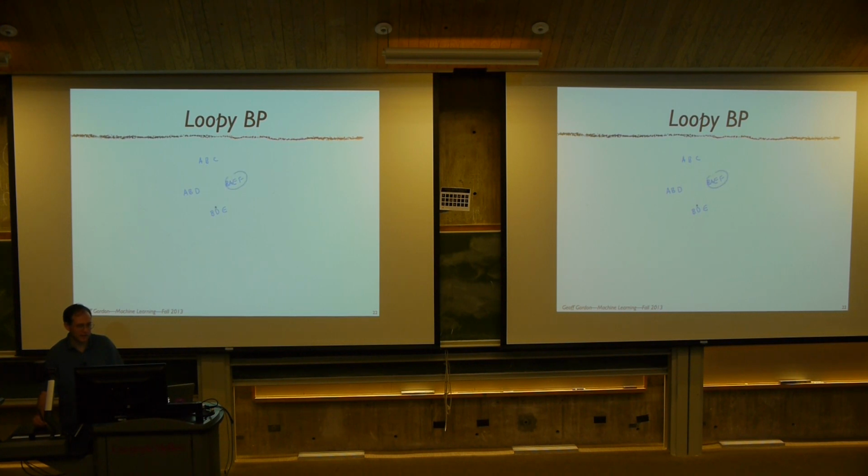So something like that. These guys, and connect them like this, right? So this is not a junction tree. But locally, it can kind of look like a junction tree, right?